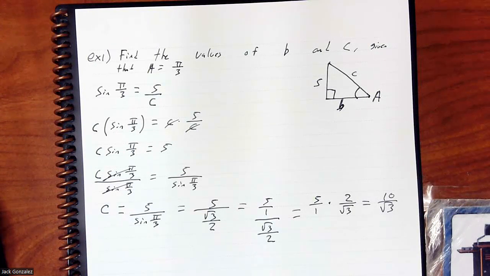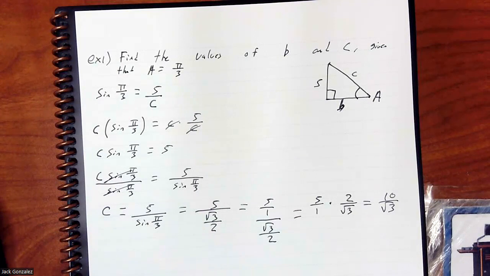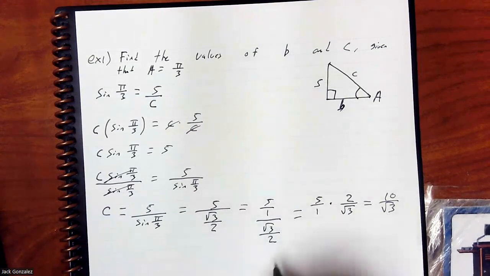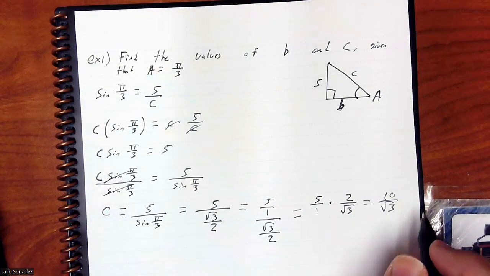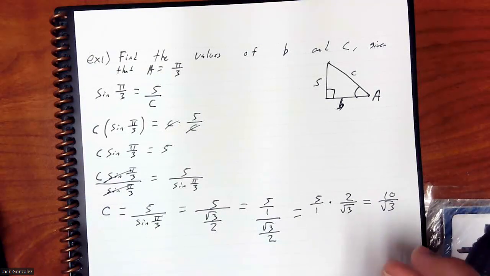It's always going to be that way. So whatever you're dividing by, in this case this guy, you flip over, take the reciprocal, and you multiply straight across. Okay, that's what you always do with division of fractions. Once you get there, you gotta get rid of that square root. Any other questions on division?